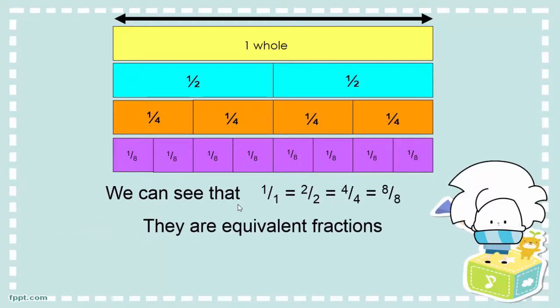So we see that 1 over 1, which is the whole, is equal to 2 over 2 for the 2 halves, 4 over 4 for the 4 quarters, and 8 over 8 for the eighths. These are equivalent fractions.